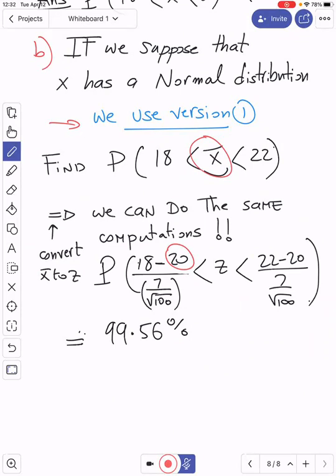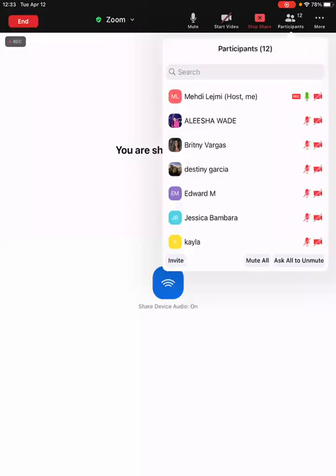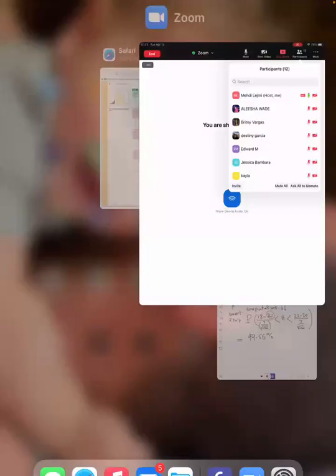Here I'm just saying that if your X follows the normal distribution, then what we are using is version 1, not the second version, but the computations are just the same. All right, guys. Is there any question before moving on? I guess we can do an exercise from the textbook.